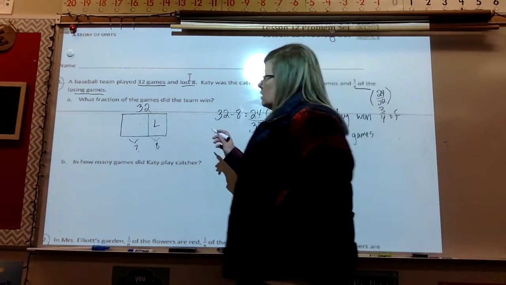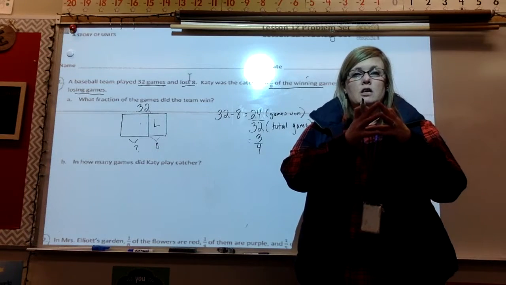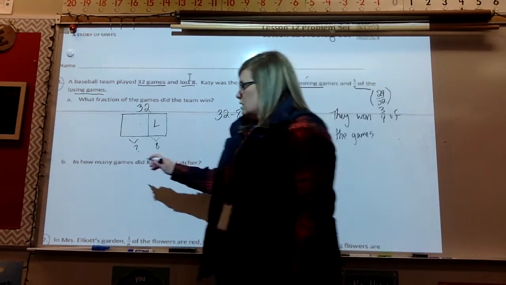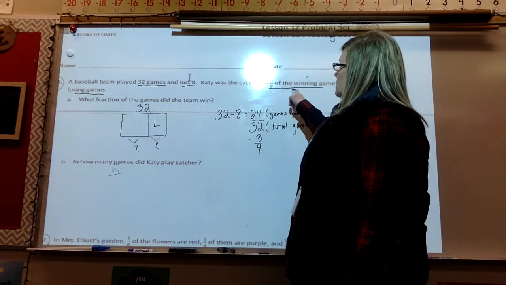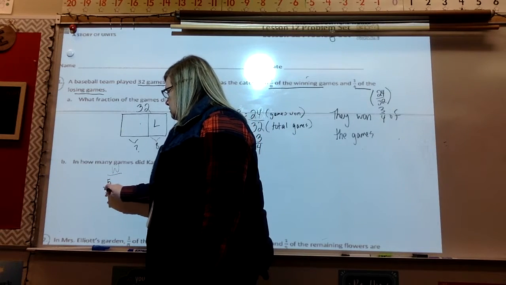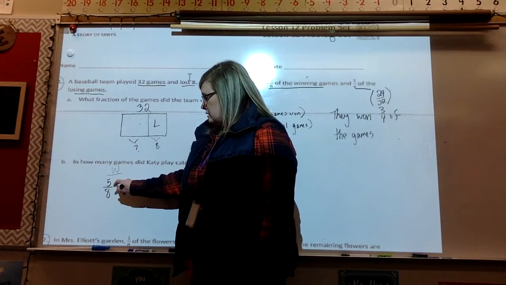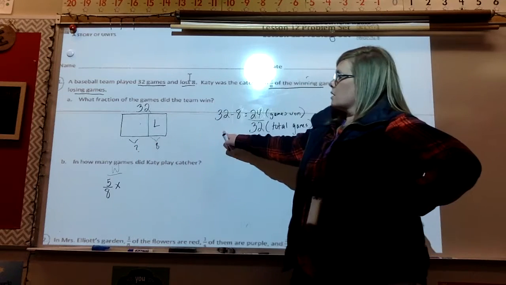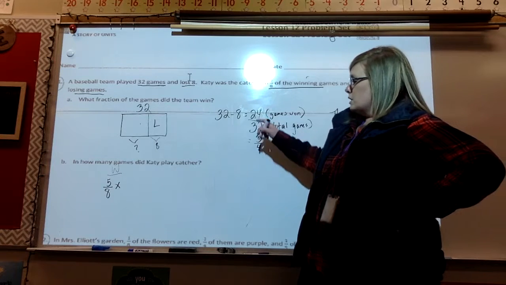So I have 2 parts here. I have to find how many games she was catcher when they were winning and how many games she was catcher when they were losing. So this is the winning games. So 5/8 of the winning. Well, based on the previous problem, I'm going to do 5/8 of, which also means times, and we've solved over here for the top problem, problem A, that she had won 24 games.